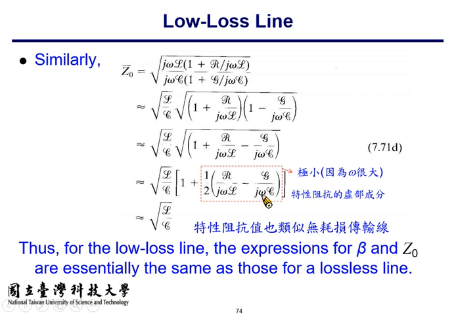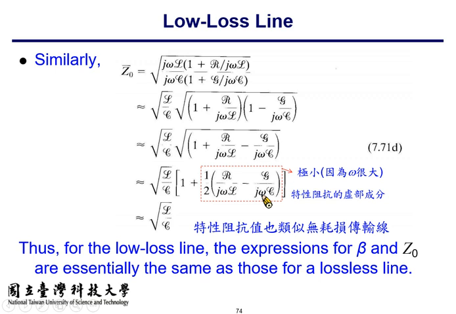But at high frequency, which means omega is a large number, and for the low loss case, which means R is much smaller than J omega L, and G is much smaller than J omega C, the significance of the last two terms is not that important. So we drop them directly, because they are small numbers.